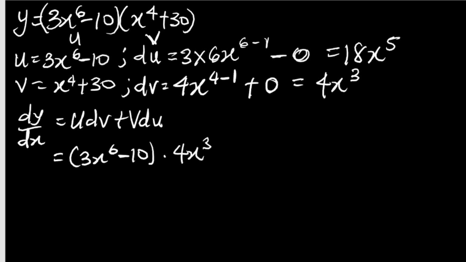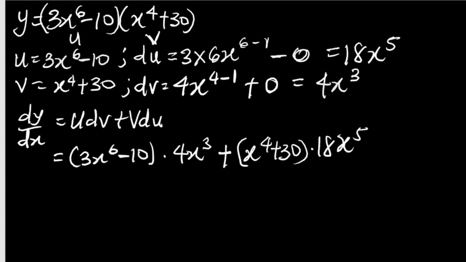What I mean is, we are multiplying this u that you're seeing here and this dv you are seeing here. Now plus, we have our v to be x raised to the power of 4 plus 30 in the bracket, and we have our du to be 18x raised to the power of 5.